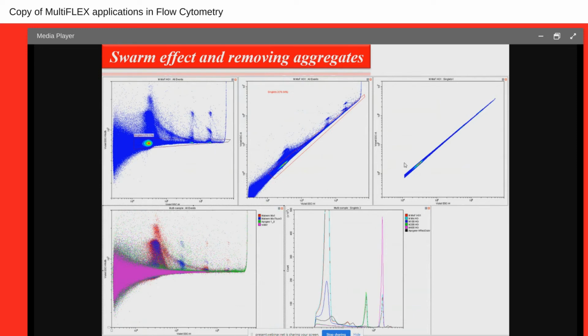I will use this one, and now I apply this gate here, and you can see how tight my resolution is, which is far better than this gating here. So I prefer to use violet side scatter height versus violet side scatter width to differentiate my single population from my aggregated particles.